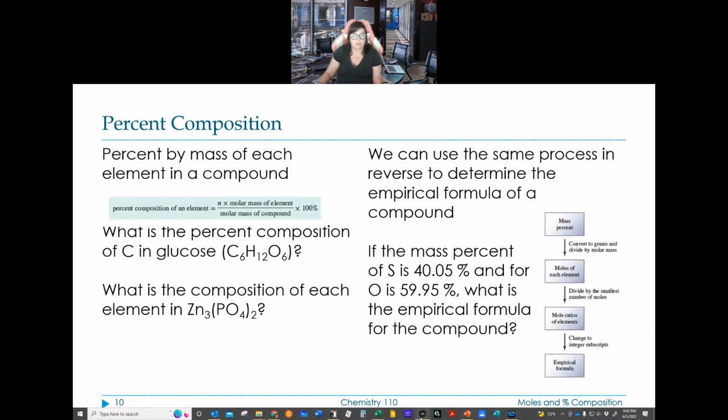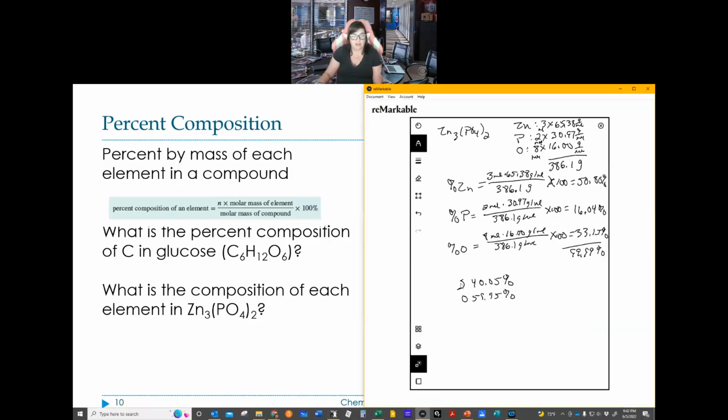Well, let's see. So, paper, I said S is 40.05, O is 59.95. I'm going to assume that we're talking about 100 grams. And so I have 40.05 grams of sulfur. I have 59.95 grams of oxygen.